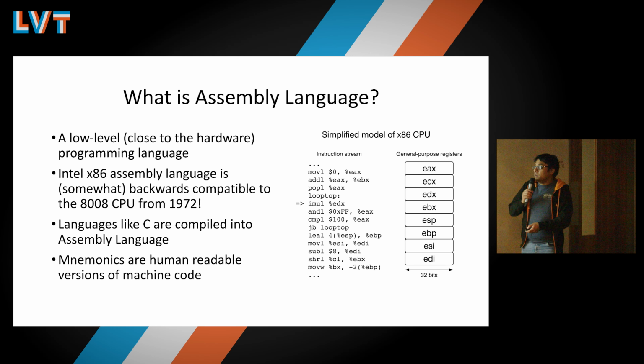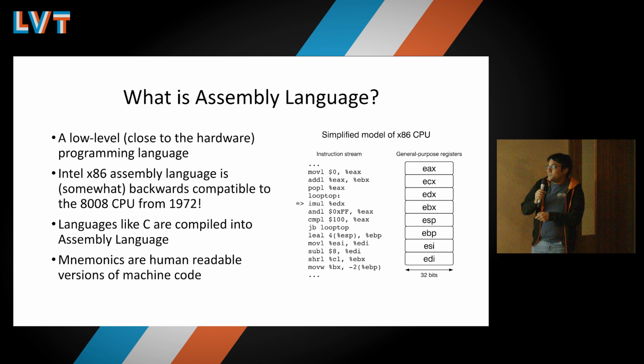What's very famous about Intel assembly language is that it is broadly backwards compatible to the original Intel CPU from 1972. So you have various instructions here and various registers that the processor operates on. By pure coincidence, I went to a talk last week in Silicon Valley from a gentleman who used sulfuric acid to melt down the die of the 8088 CPU, and he explained why some of this is the way it is.